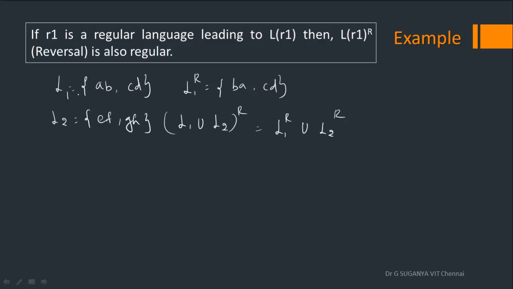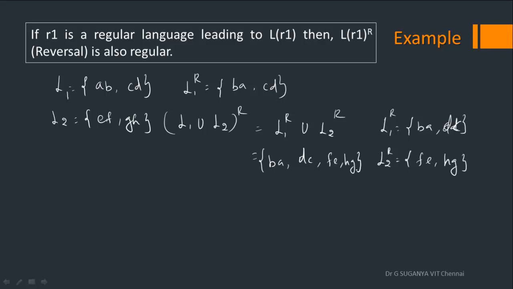First we have to reverse the words in L1, which will result in BA, DC. Then take the reversal of L2, which will result in FE, HG. Then we apply the union operation. So the union is the set of all words BA, DC, FE and HG.